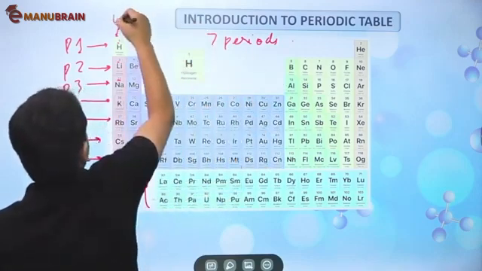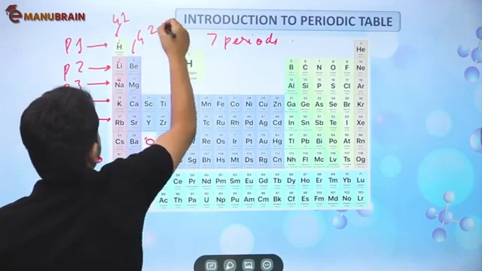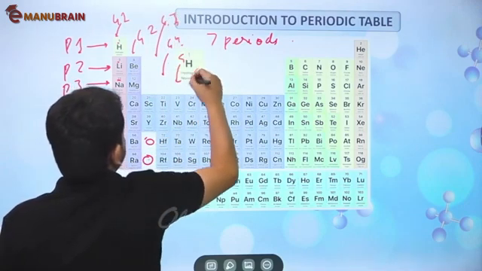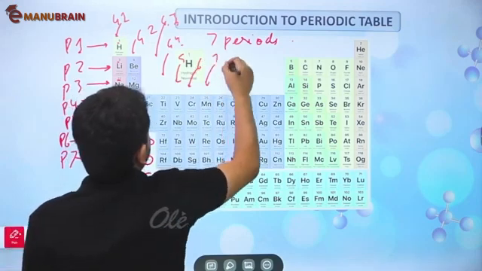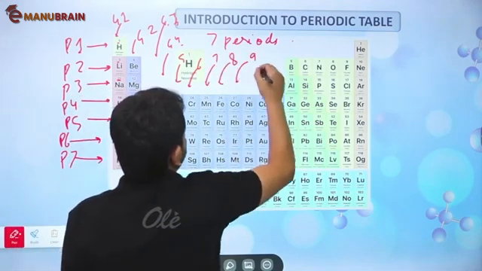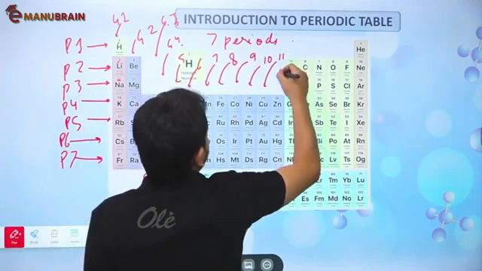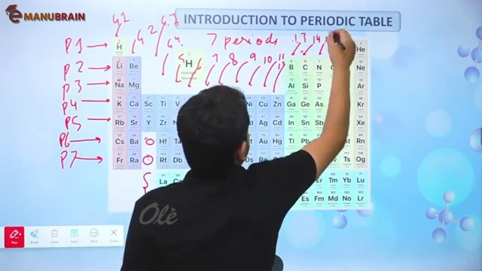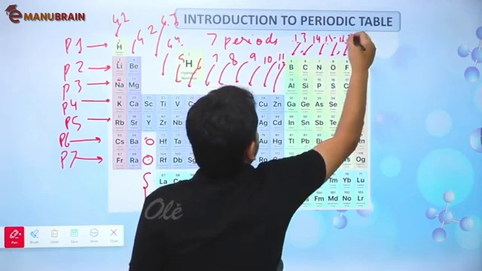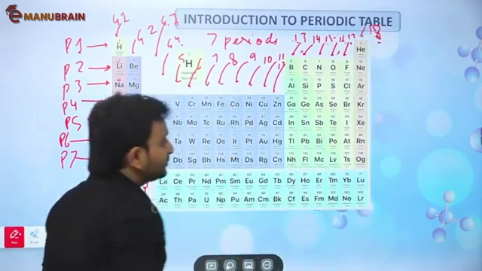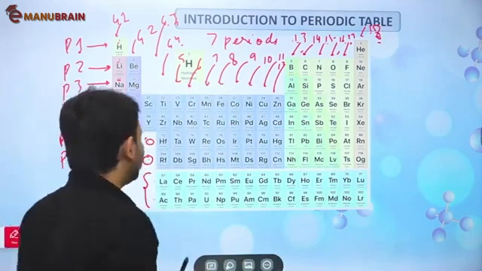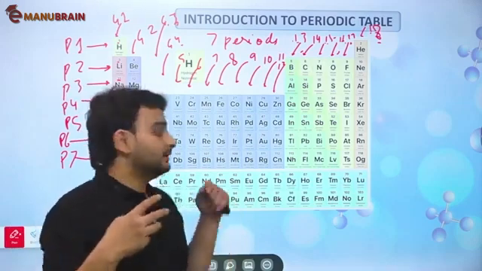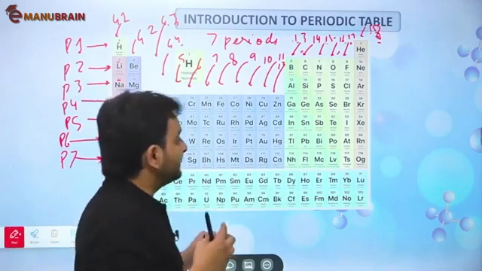This is group 1, this is group 2, this is group 3, group 4, 5, 6, 7, 8, 9, 10, 11, 12, 13, 14, 15, 16, 17, and 18. So 18 groups are there in total.